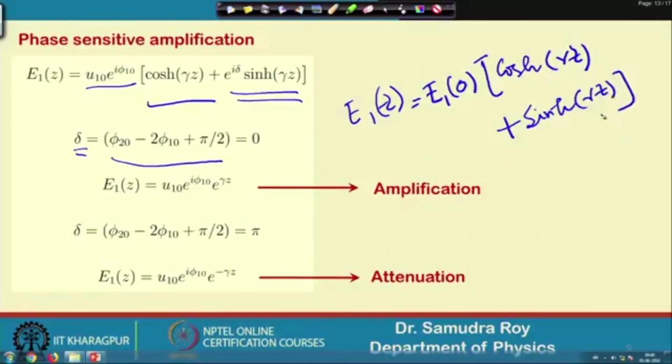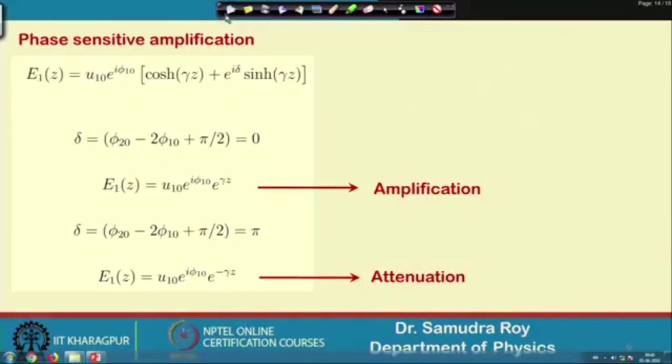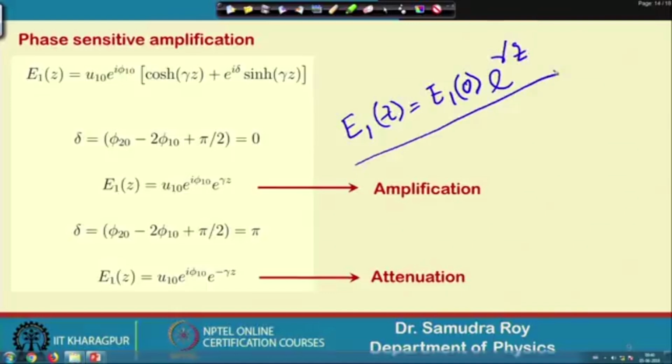We know that cos hyperbolic of gamma z plus sin hyperbolic of gamma z is nothing but exponential of gamma z. So, if I write it in compact form, E1 z becomes E1 0 e to the power of gamma z. This is an interesting term.